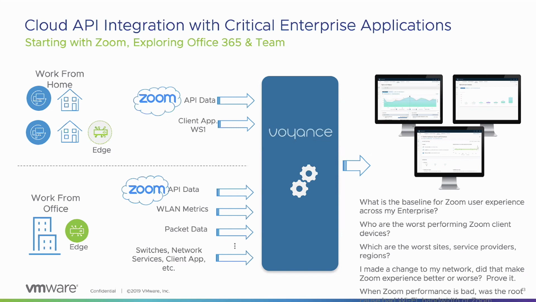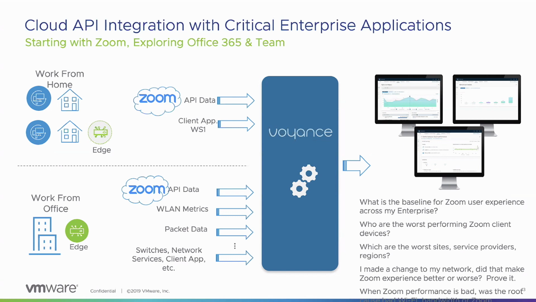Putting an SD-WAN edge in or that kind of a solution. But obviously, if you're going to do that for a lot of employees, you better be able to prove the ROI of, hey, wait a minute, Zoom performance was here, or UC performance in general was here. And after putting this SD-WAN system in, it got this much better. And objectively, I can prove that with data directly from Zoom themselves or the application themselves.